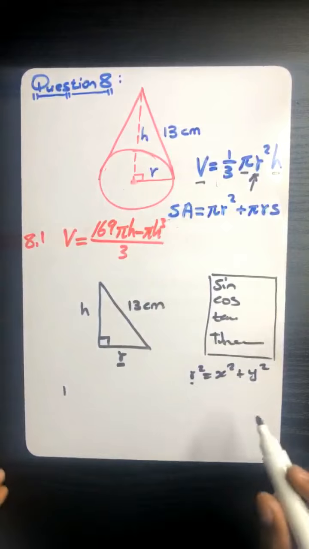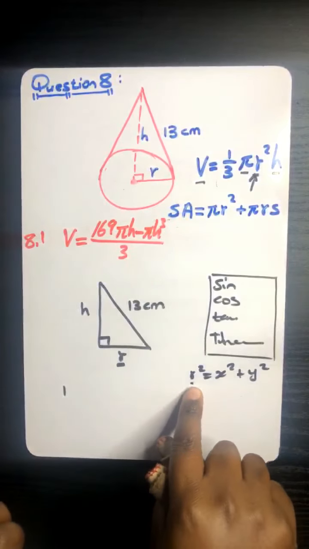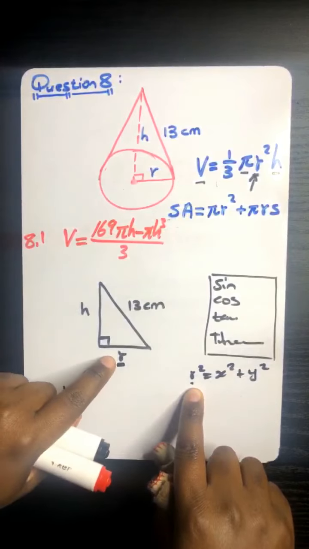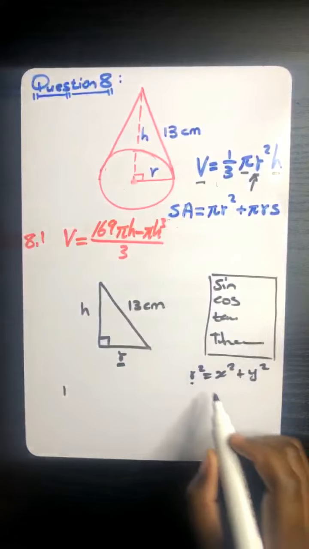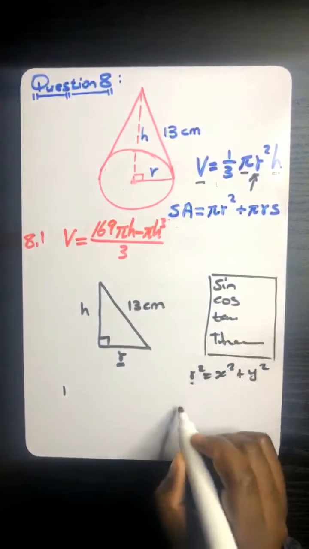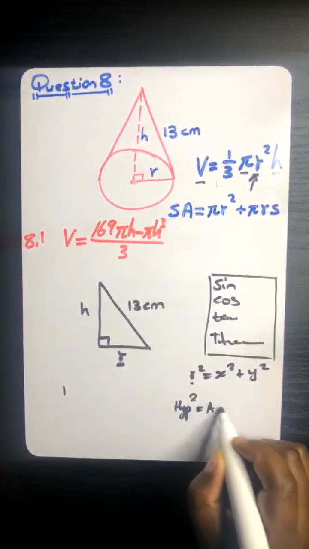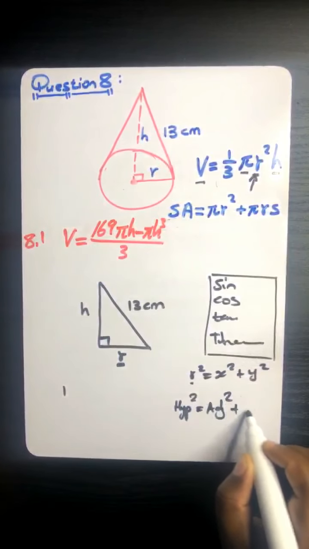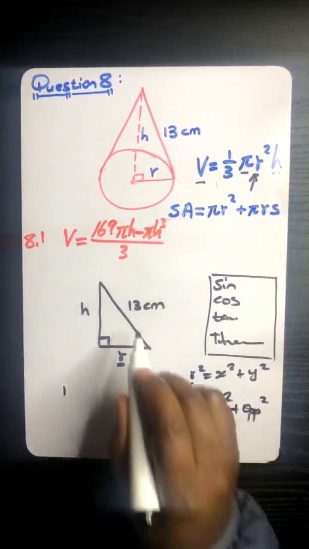Okay, so remember, guys, to keep things simple, someone is seeing that r and thinking it is that r, which is not. Ladies and gentlemen, the general formula of Pythagoras is hypotenuse squared equals adjacent squared plus opposite squared. So which side is the hypotenuse there?